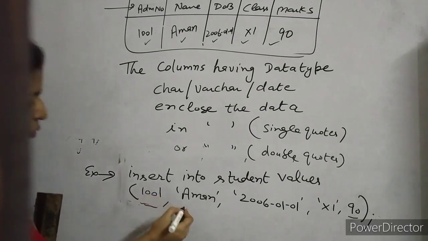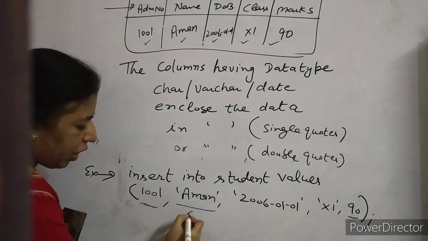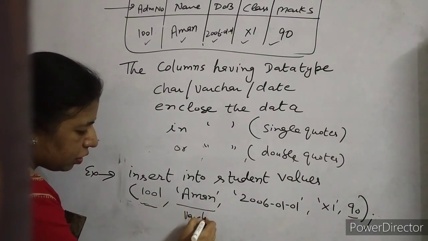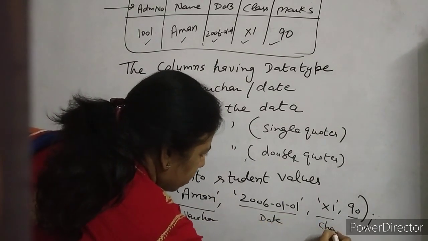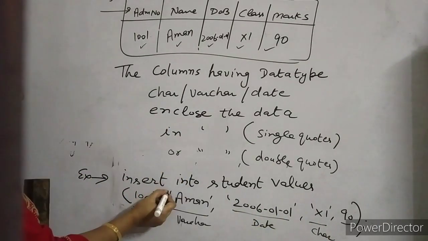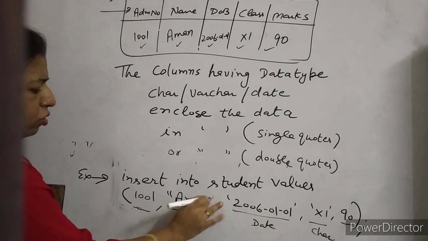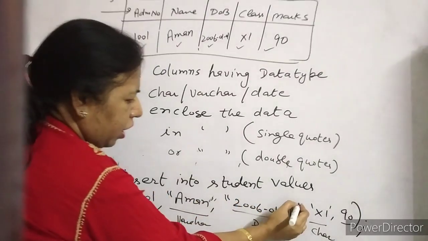Clear? Here you can see this data is varchar, this data is date, this data is char. It means these values can take double quotes also. It depends on you. Whatever you want to use, you can use.